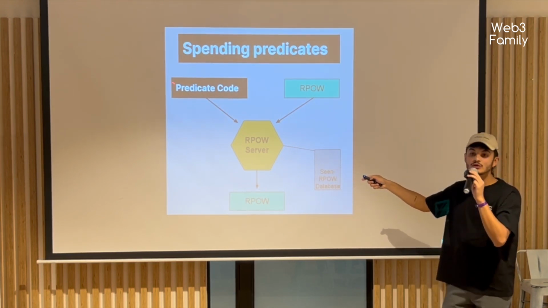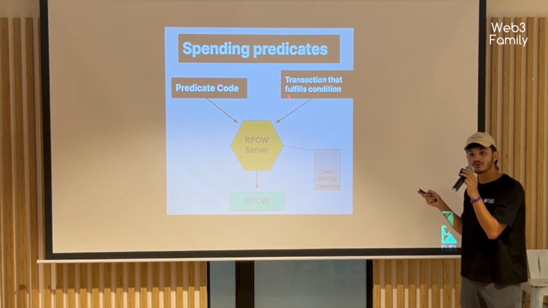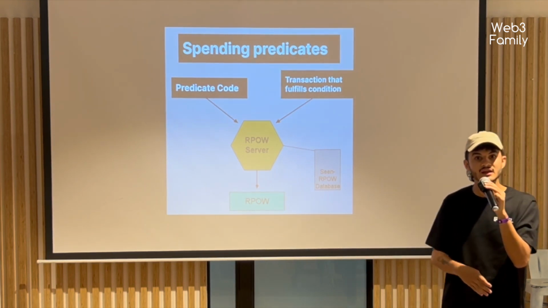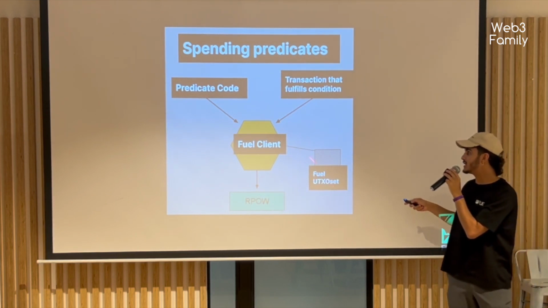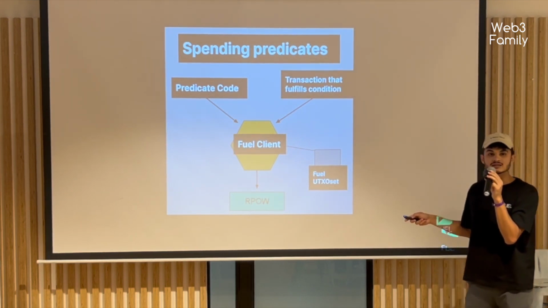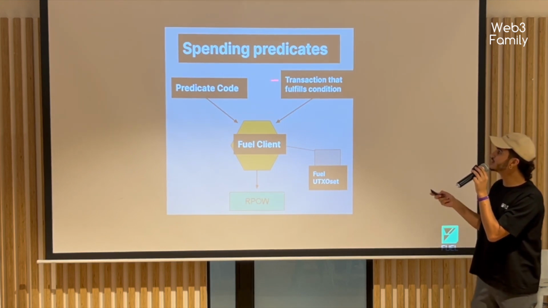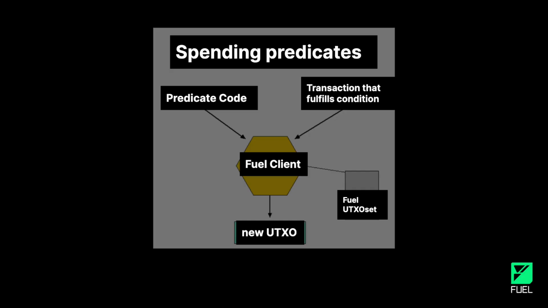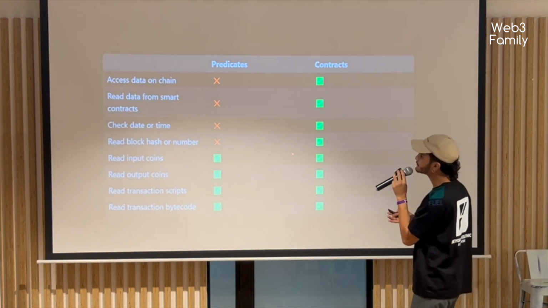It's like call data you are providing to the client. You have the transaction that fulfills that condition, so maybe some asset being incorporated into the transaction. And then you have a UTXO set and a network of clients trying to execute this code, trying to fulfill that condition with this transaction, and as a result, you get a new UTXO. So basically, this is a device in the blockchain that holds assets and spends those assets.